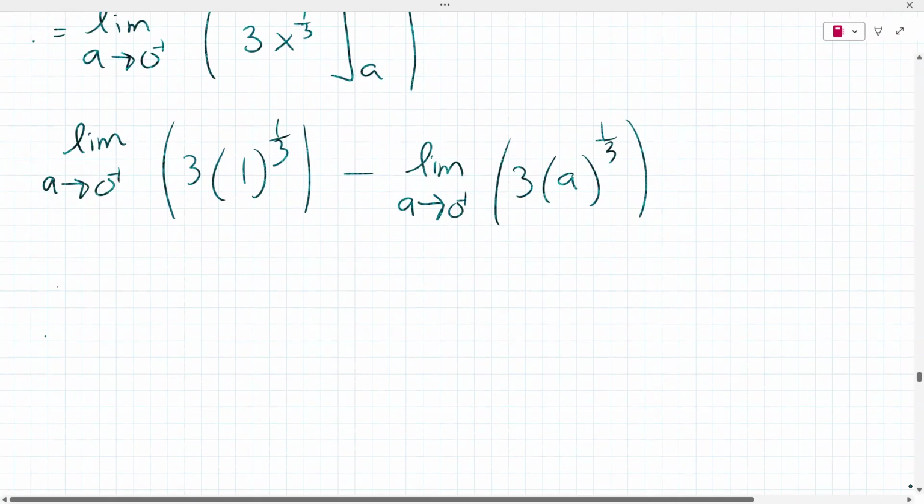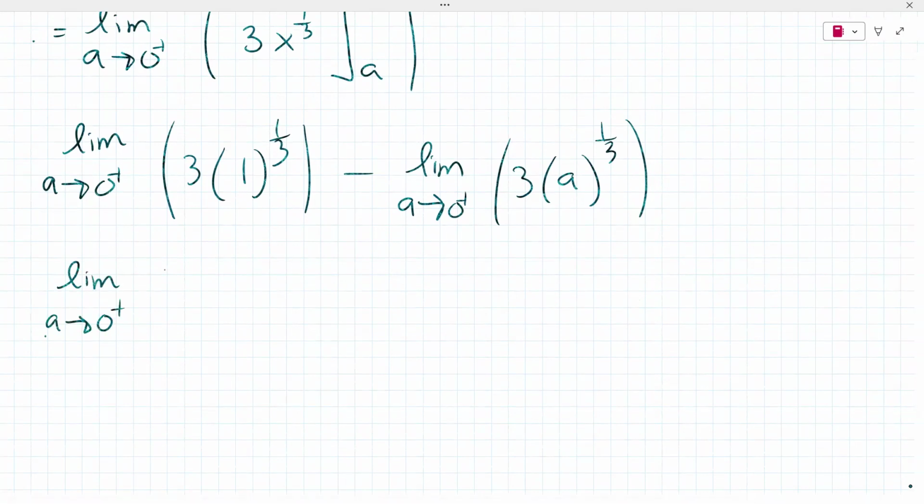So it's going to be 1 raised to the 1/3 times 3 is 3, minus the limit as a approaches 0 to the right of 3 times the cube root of a.